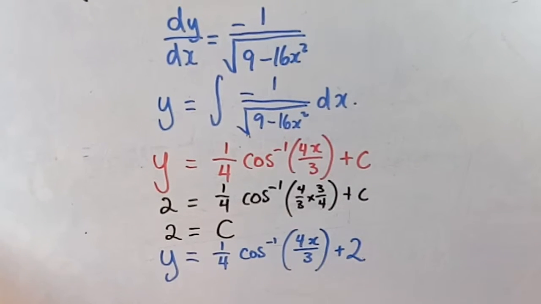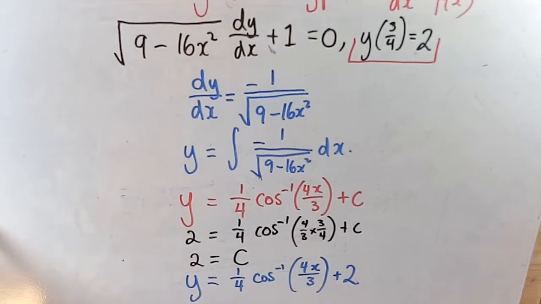There we go. Now I just want to show you something a little bit different. We could have done this in a different way, using a definite integral to find our boundary condition, or our c, in one go.